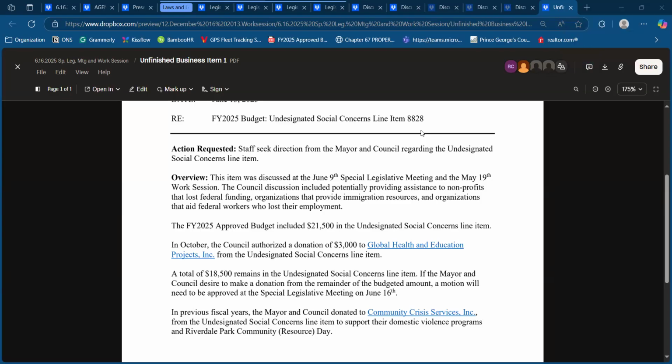Mr. Mayor? Councilmember Smith. I'd like to move that $18,500 be moved from the FY 2025 undesignated social concerns line item into the Economic Development Fund. Does that suffice, Mr. Town Manager?